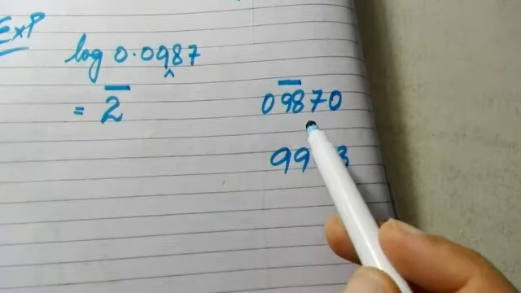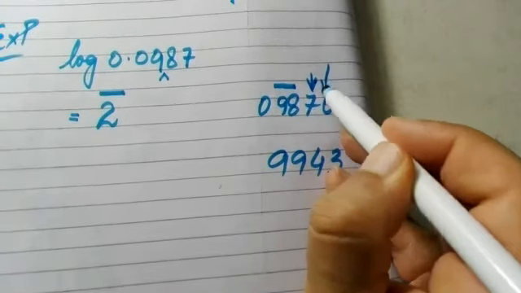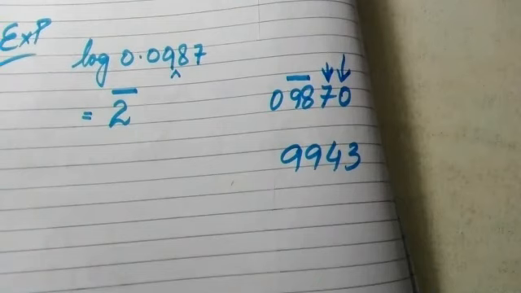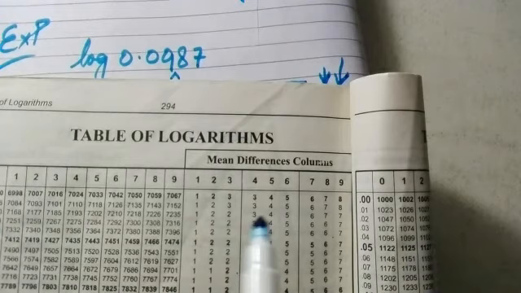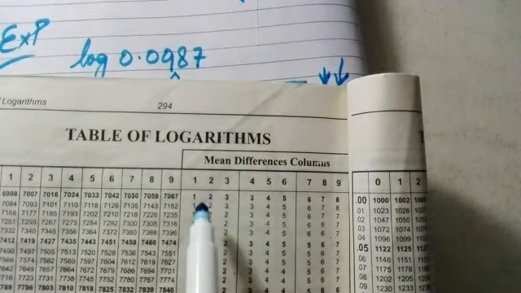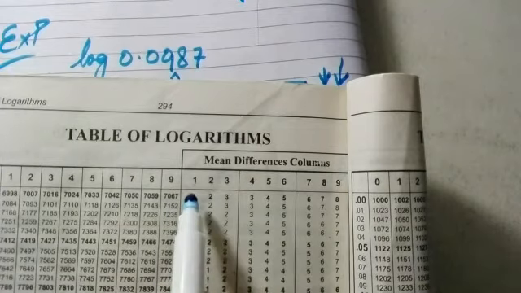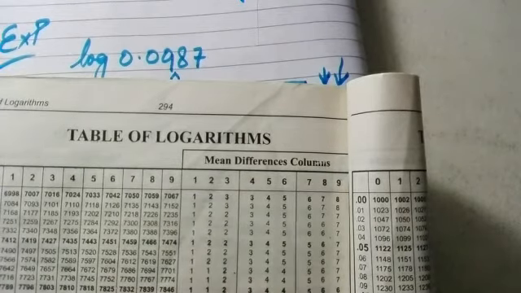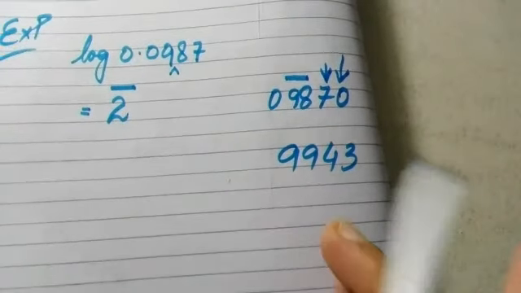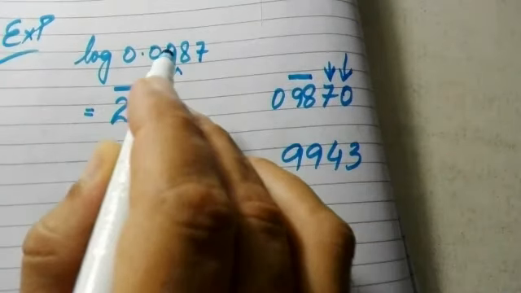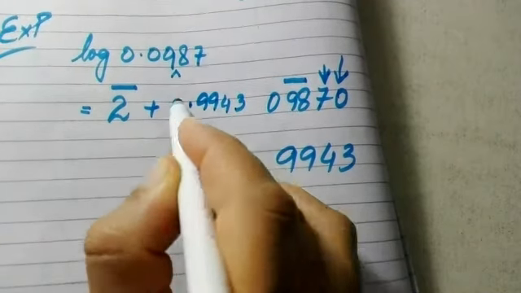And for the difference column 0, you will see that there is no such column, because mean difference columns start from 1. So there is no number which we have to add in this case. So you have to keep this number 9943 as it is. Just place a point sign before it, .9943. So this is the mantissa.